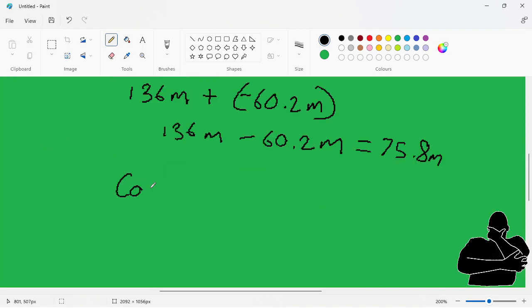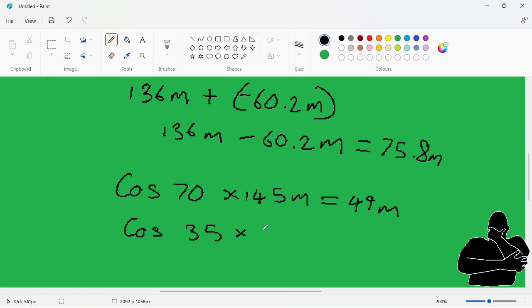So cos of 70 times 145 meters is equivalent to roughly 49 meters. And then for the second horizontal component, it's going to be cos 35 times 105 meters. It's going to be equivalent to 86 meters.